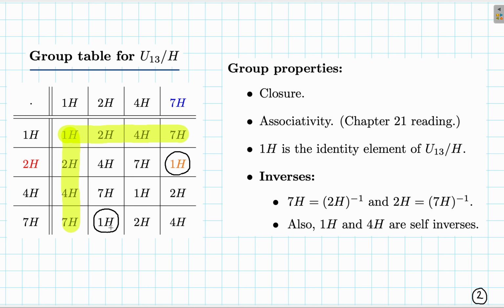And so 2H and 7H form an inverse pair, and we can say that 7H is equal to the multiplicative inverse of 2H, or we can say that 2H is equal to the multiplicative inverse of 7H. And we also see that 1H and 4H are self-inverses. And so in fact, U13 mod H is a group under coset multiplication.